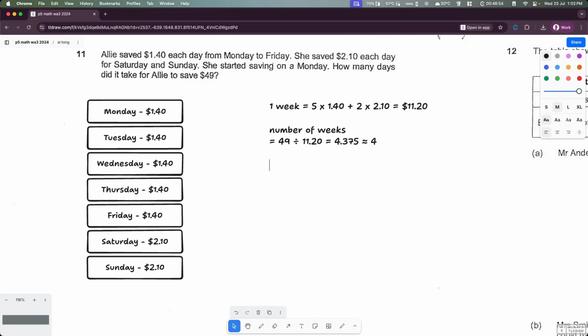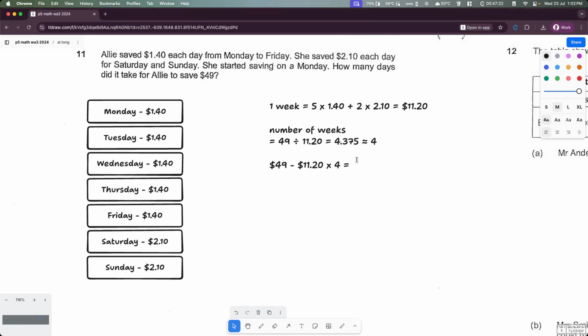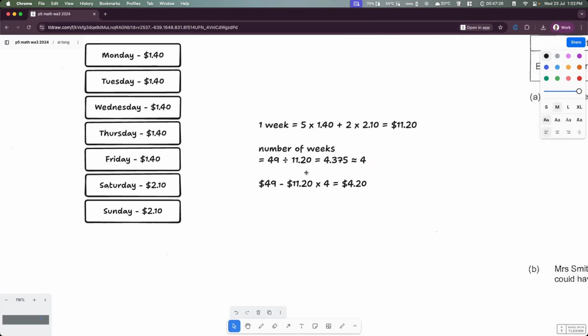So in essence, we have $49, which is the total, minus $11.20 times 4. So 49 minus 11.20 times 4 gives us $4.20.